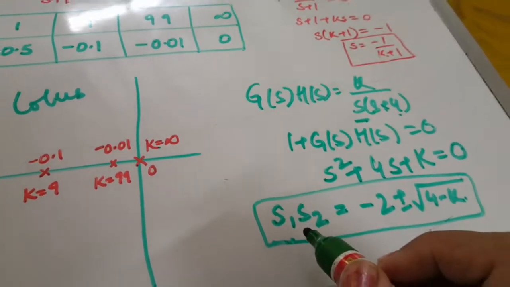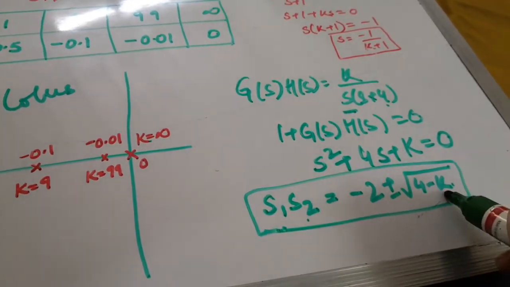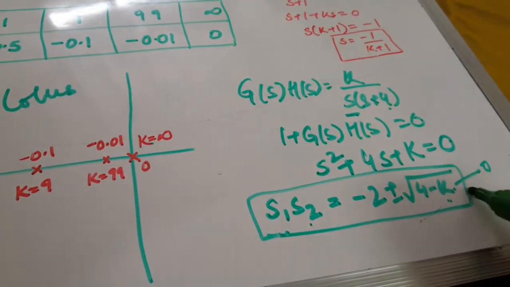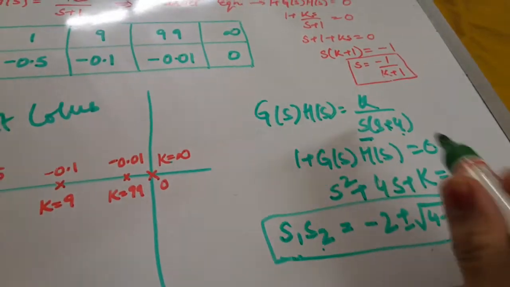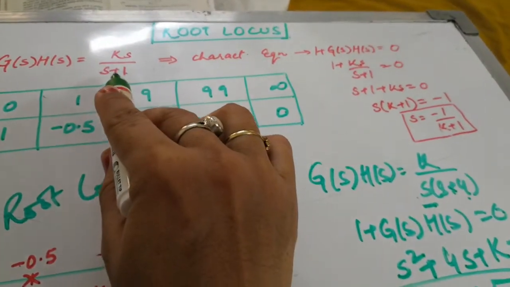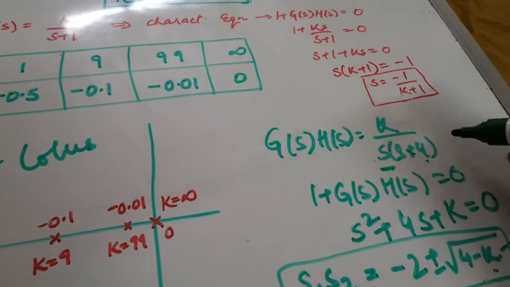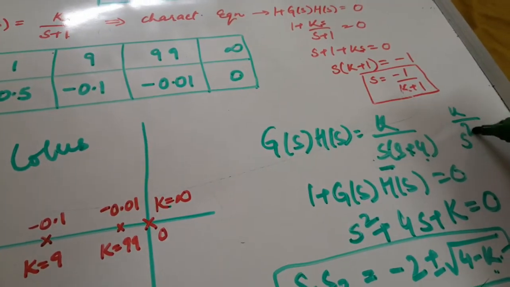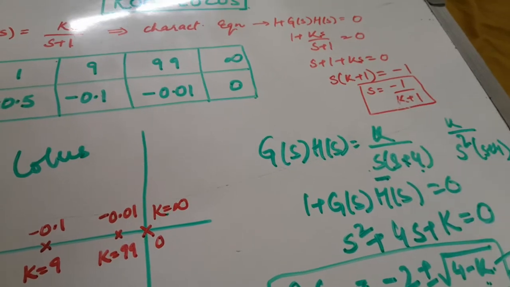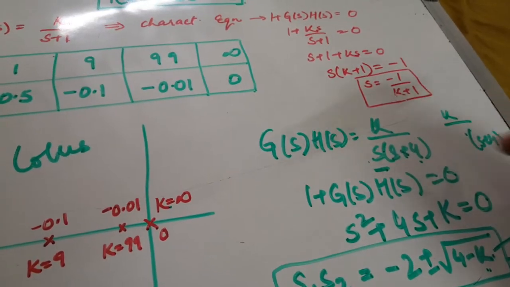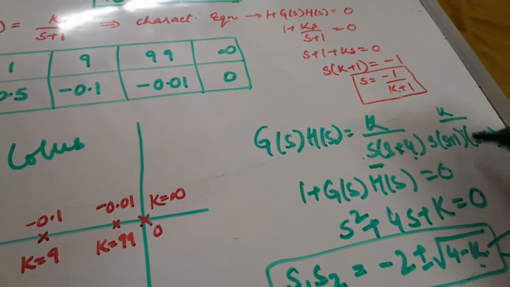Now we have to calculate the values of S1 and S2 as K varies from 0 to infinity. This has a single power of S, and this has a double power of S. What if I make it K upon S square into S plus 4, or S into S plus 1 into S plus 4?